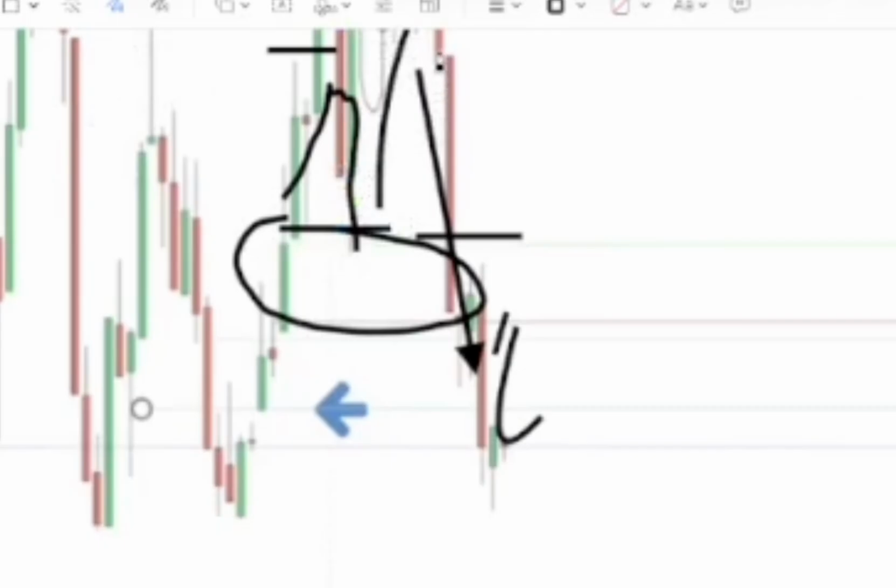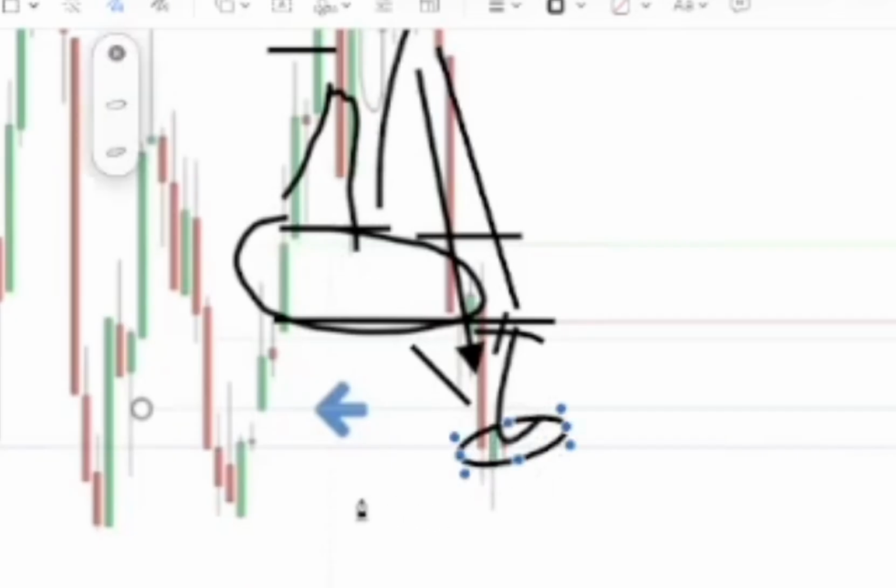Now, it comes back down, fills all of those orders, and comes down to here, straight to my red line. I'd have my short right here, and of course I target this line, where it actually ends up getting down to here.